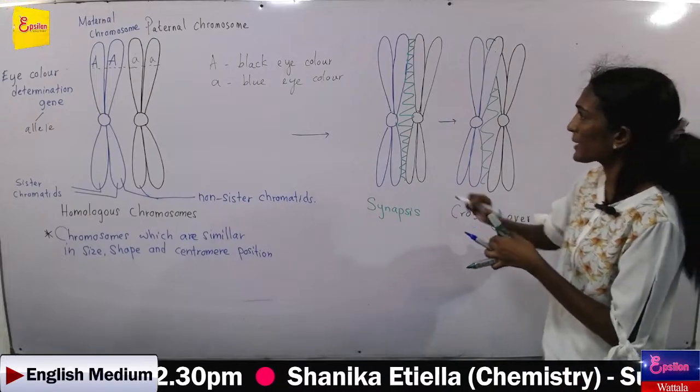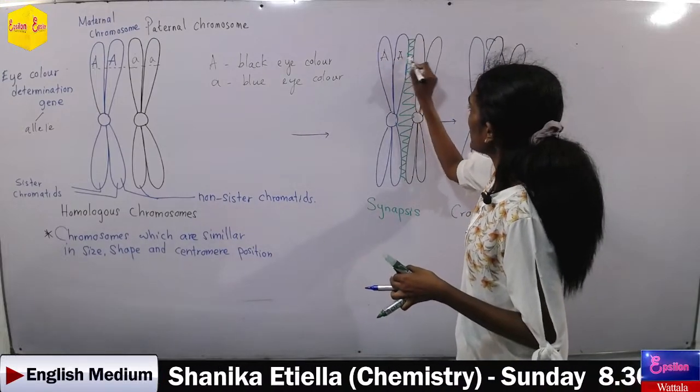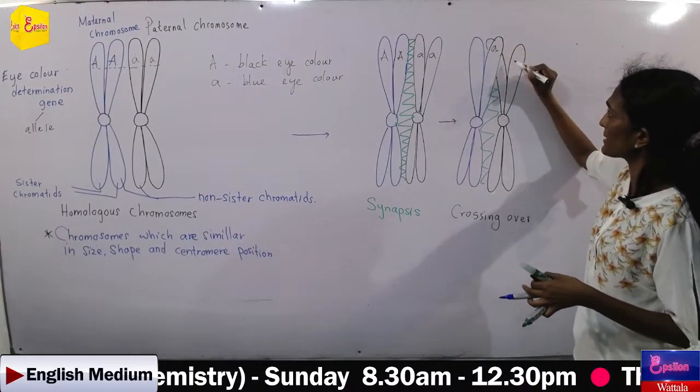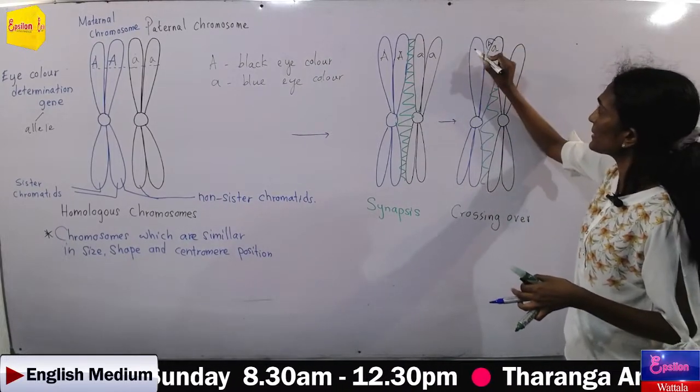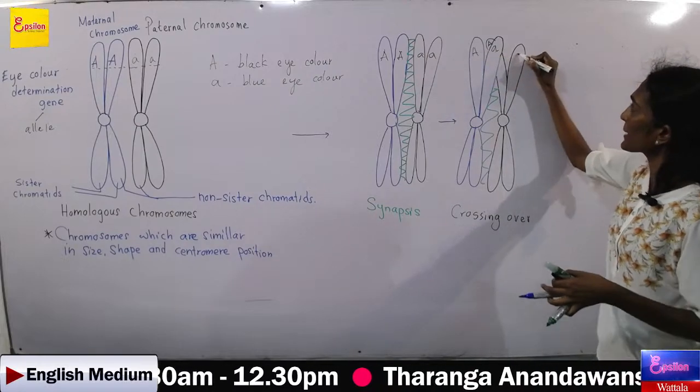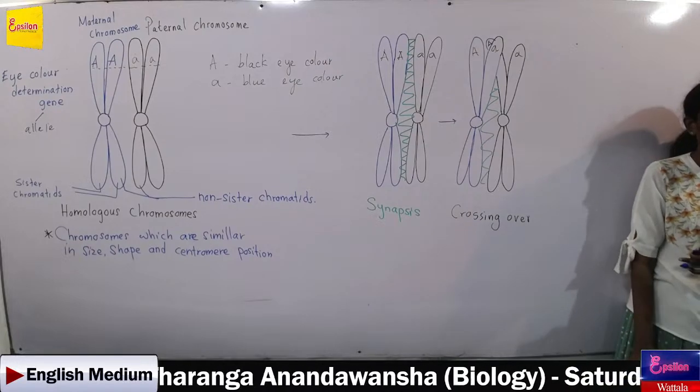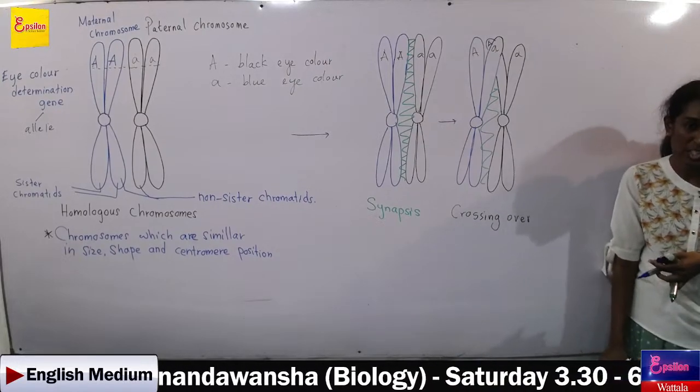Can you understand? Here it was small a, small a. Now, here is what? Small a is here. Capital A is here. Is it A? Am I correct? What is the exchange now? Genes are exchanged.